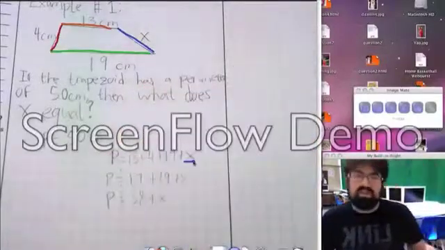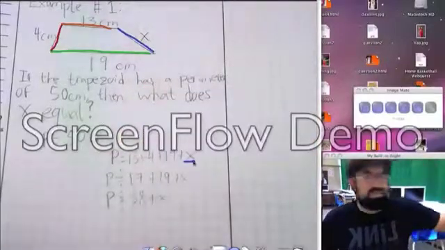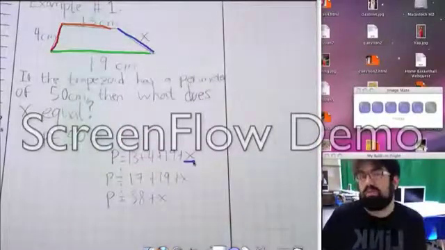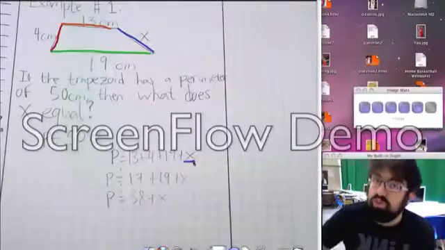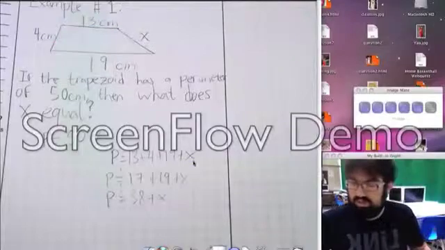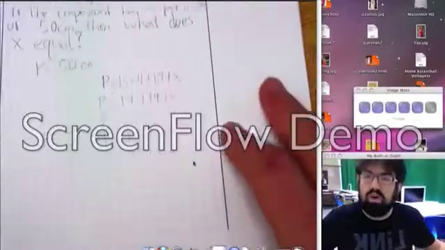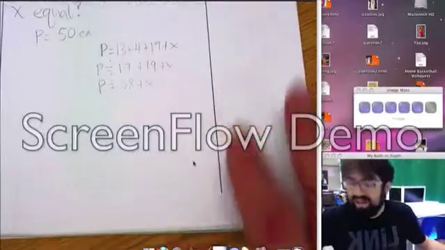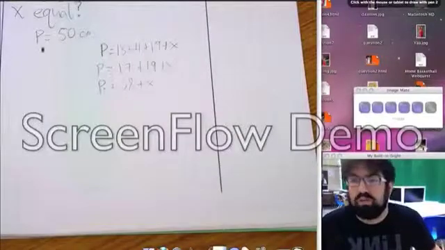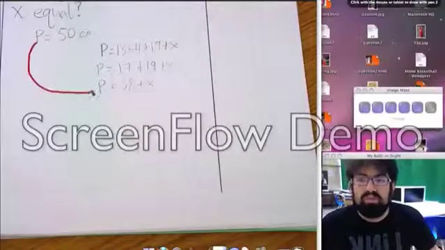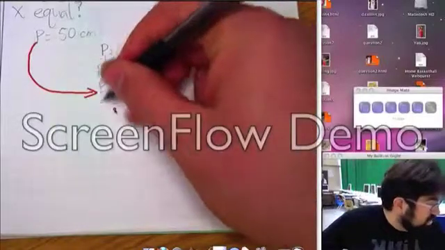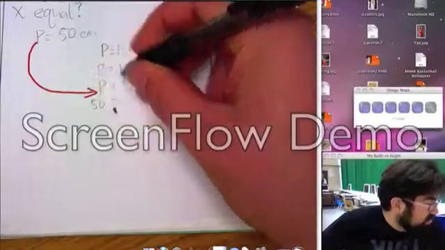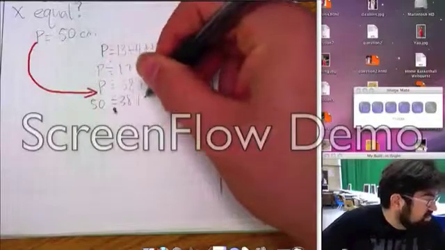So we're basically pretending for a moment that we're trying to find the perimeter, but we don't know what x is. But we do know what the perimeter is. So we're going to do something called substituting, and you're going to do a lot of substituting next year, so we're going to practice a little bit right now. We're going to replace this P with that P. So I'm just going to say 50 equals 38 plus x.